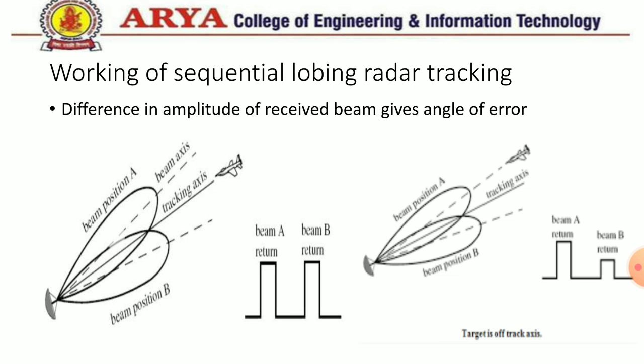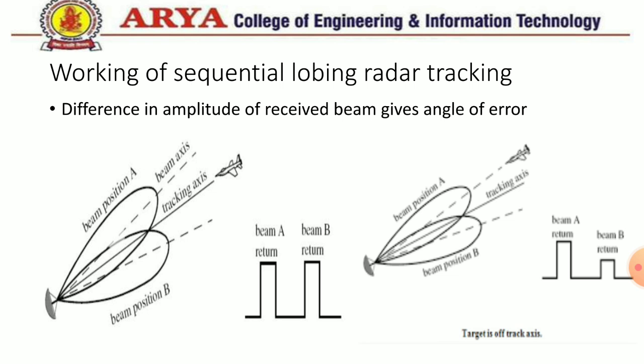If you select a pencil beam, this problem is nullified, but another problem gets added. If you use a pencil beam, the focusing region of this antenna will decrease. So this is the additional problem that gets added.